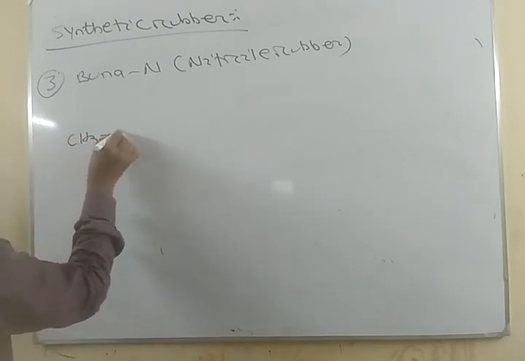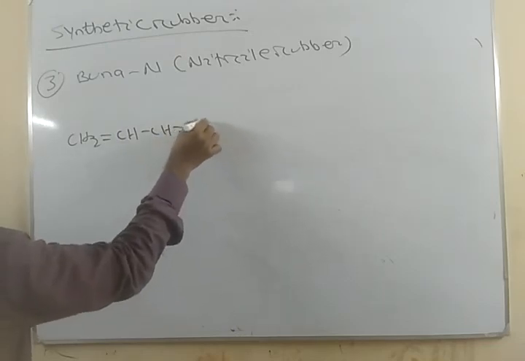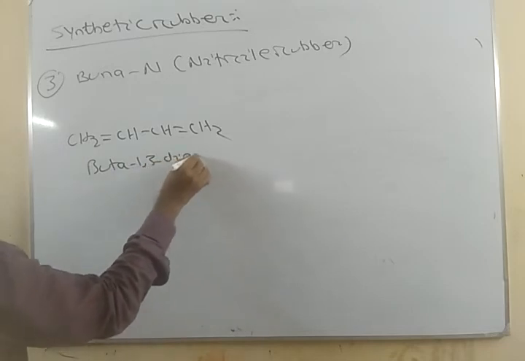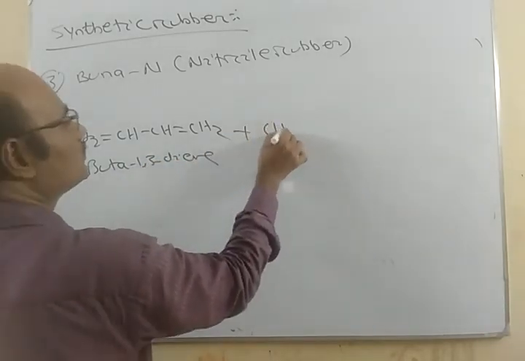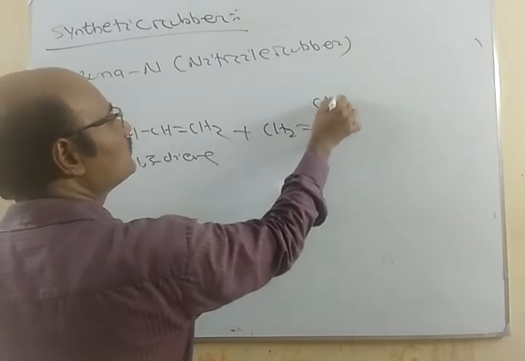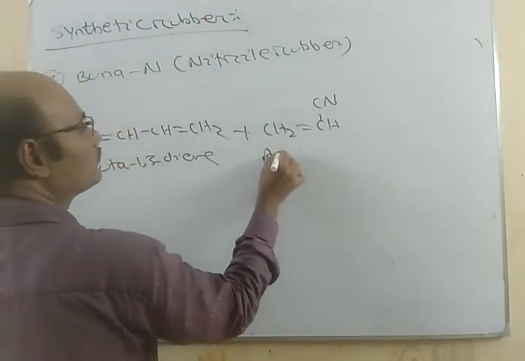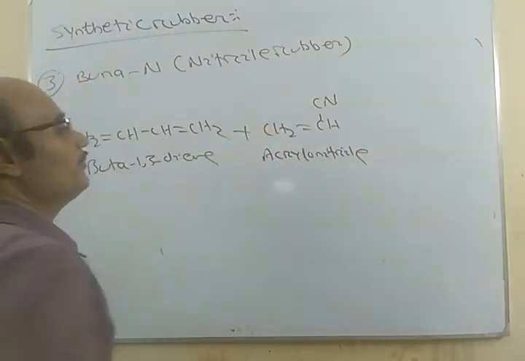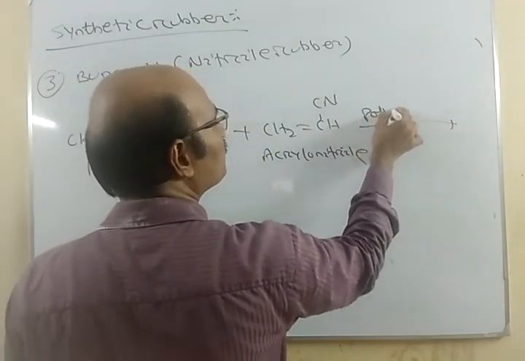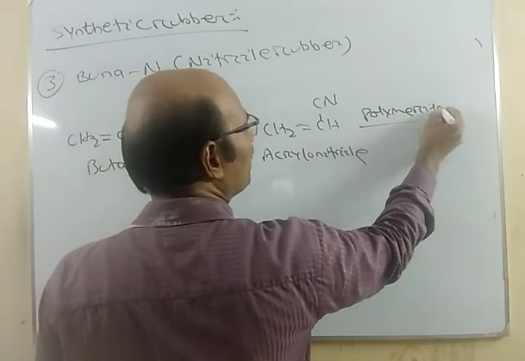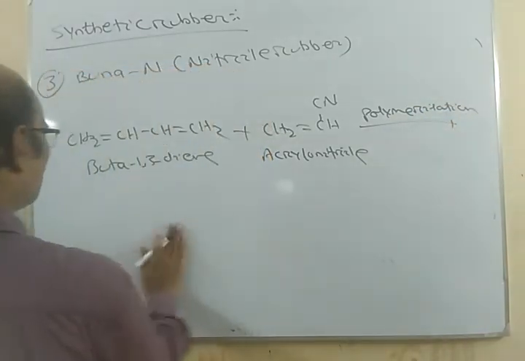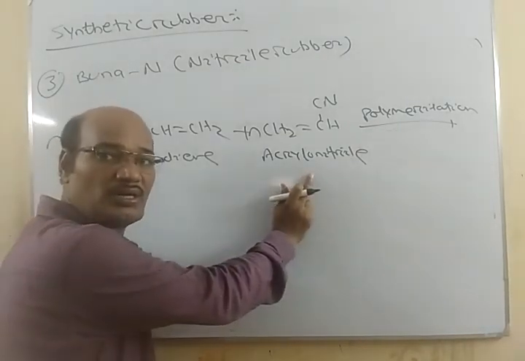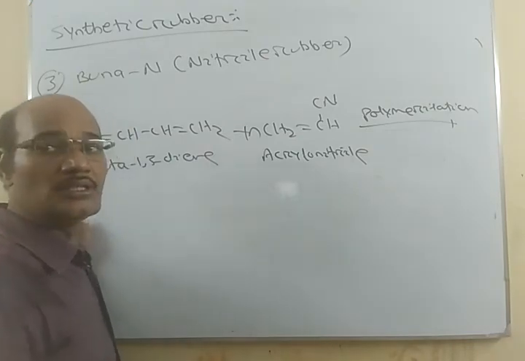CH2 double bond CH single bond CH double bond CH2 is buta-1,3-diene, plus CH2 double bond CH, CN, called acrylonitrile. Buta-1,3-diene and acrylonitrile polymerize to give Buna N or nitrile rubber.